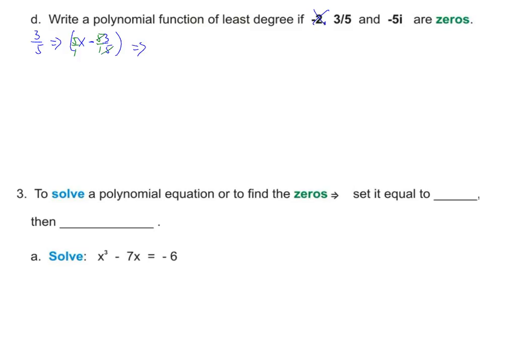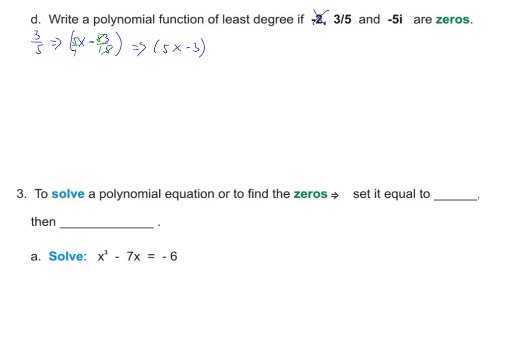And we end up with the better form of 5x minus 3. The shortcut is just take the denominator and stick it over with the variable. If you do 5x minus 3 and set it equal to 0, don't you get 3/5? You do. And again, I know it's tricky because we're working backwards. That is where you end up.